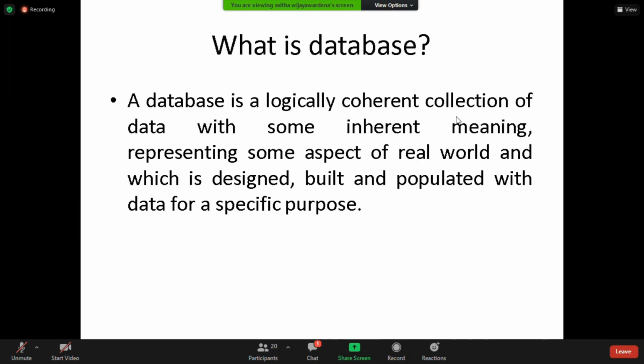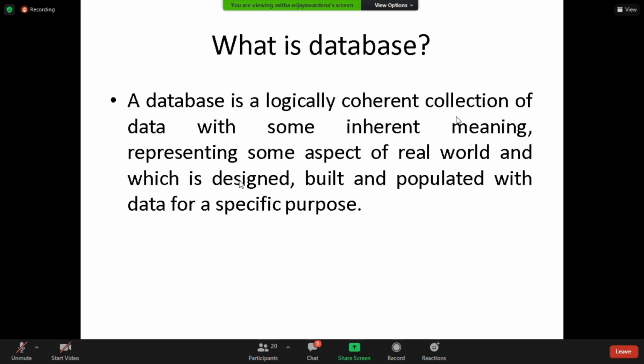Now we go to the other section. We learn about the database in detail. As we know now, the database is a collection of raw data about a particular thing. A database is normally a logical, coherent collection of data with some inherent meaning. That is why I told you that when you register in the university system and when you register in the hospital, the inherent meaning is different.